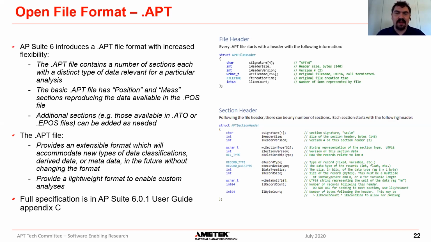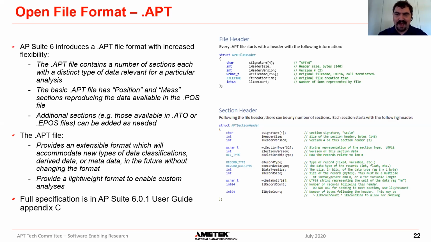You can use any type of language to read and write it. And the sections are arbitrary. They don't have to follow any known standards. We have our own standards for position, mass, that sort of thing. But you can also add things from your custom analysis, like some new phase information, say, or local density, or something of your choice. Full specification is in our user guide, and I will have this available if you contact me, or you can find it online.